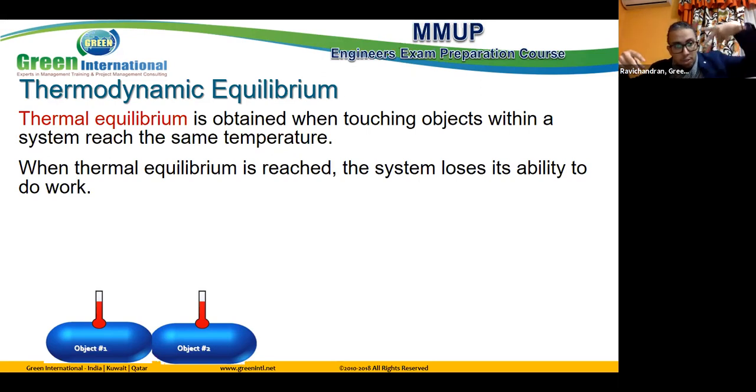So if two are in thermal equilibrium with a common one, these two are in thermal equilibrium with each other. This is the Zeroth law of thermodynamics.